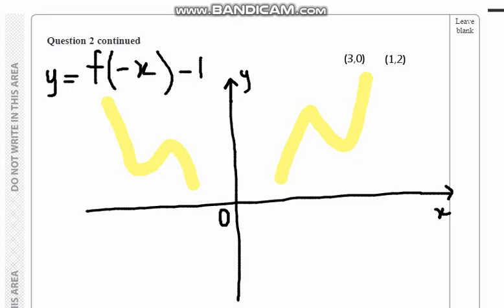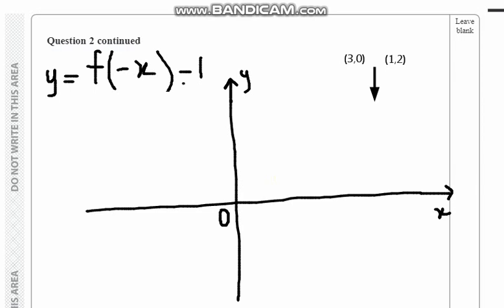First, we'll mark our coordinates. For every x value, we'll just add a minus sign, so that will be minus 3, and for 1, 2, that will be minus 1. Now that we are done with the x values, moving on to the y value here, f of minus x, minus 1.